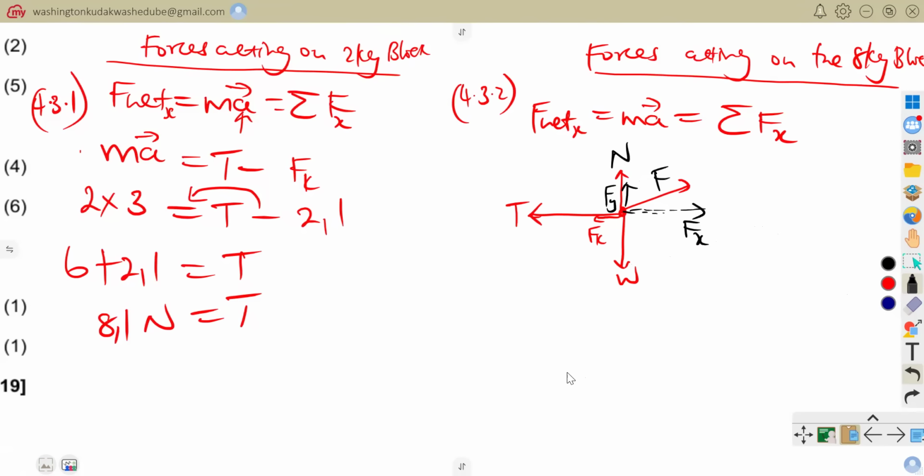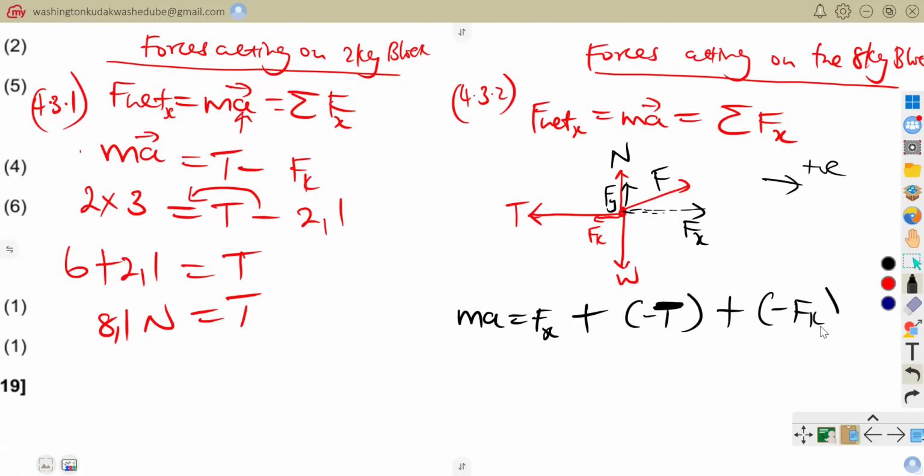Okay, fine. So in the x direction, I would say ma is equal to, I'll take going to the right to be positive, because that is where my acceleration is going. Fx, which is positive, plus those going to the left, a negative T, plus a negative Fk.